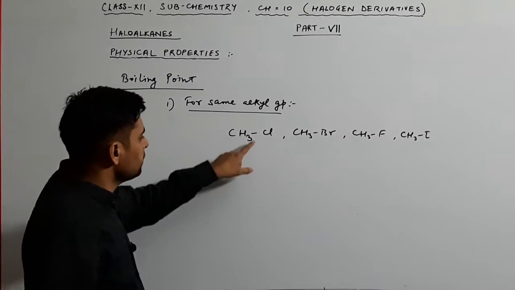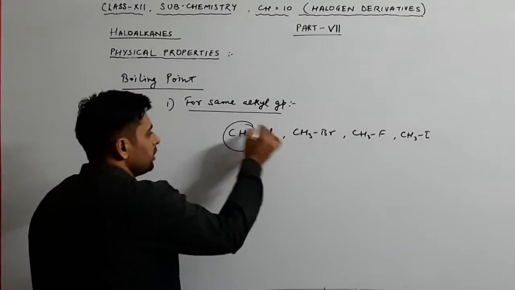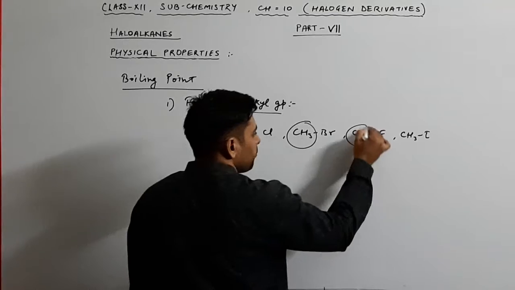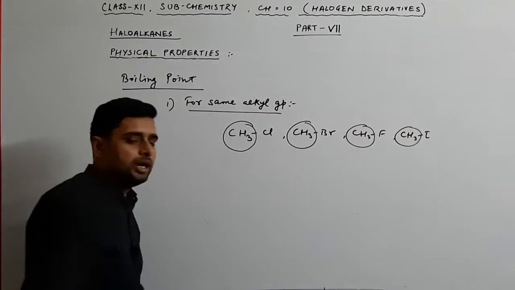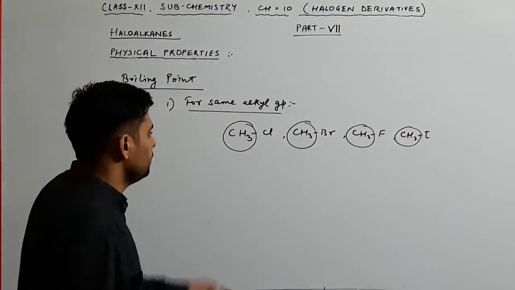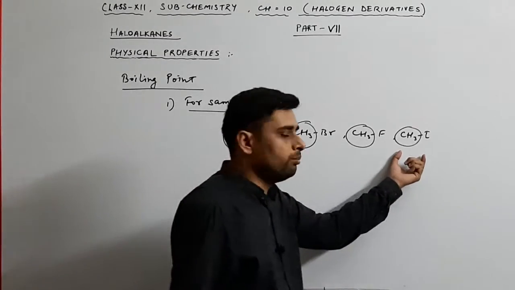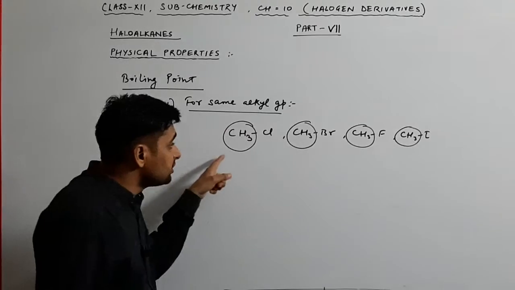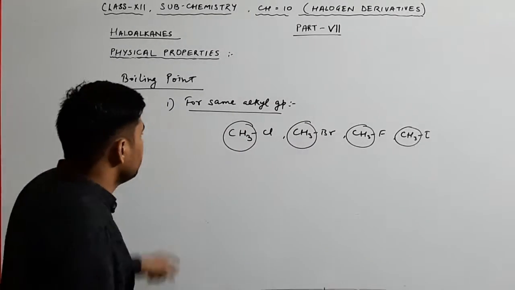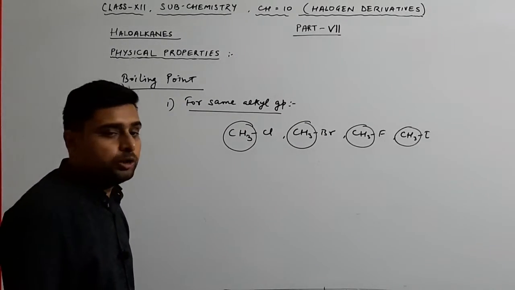Here you see that the alkyl groups in each haloalkane compound are same, all having methyl group, chloromethane, fluoromethane and so on. Due to the same alkyl group, what will be the effect on boiling point?